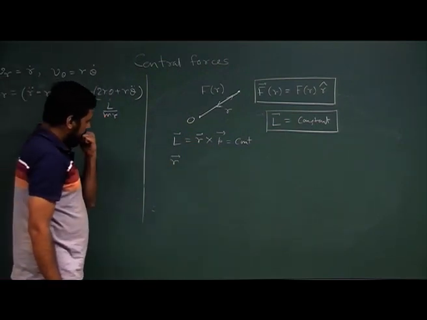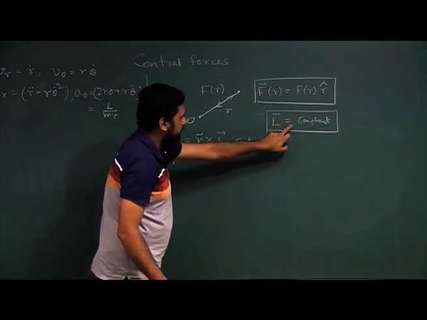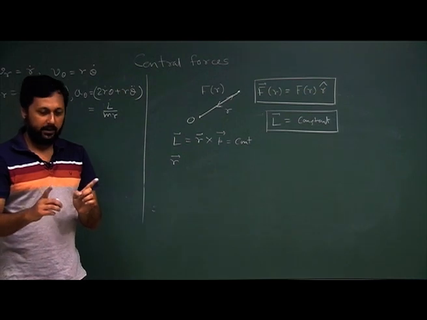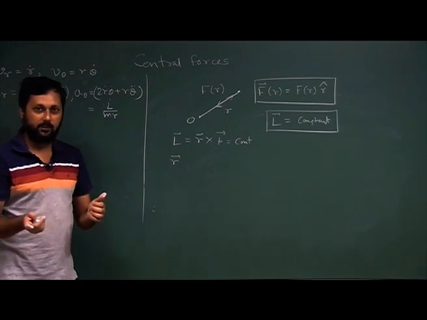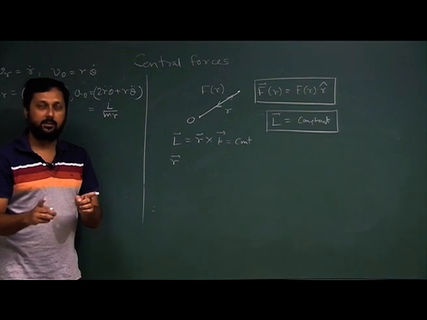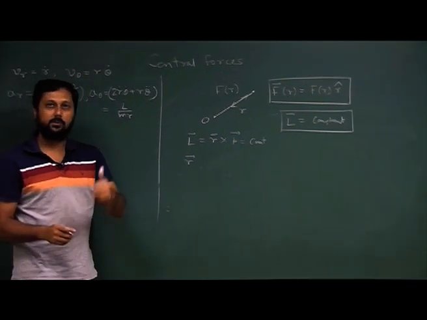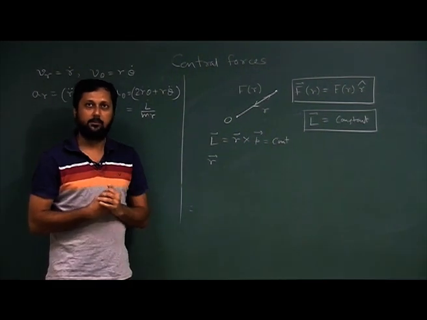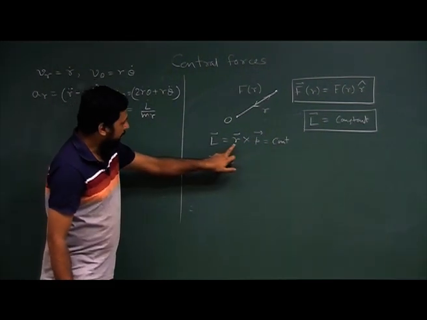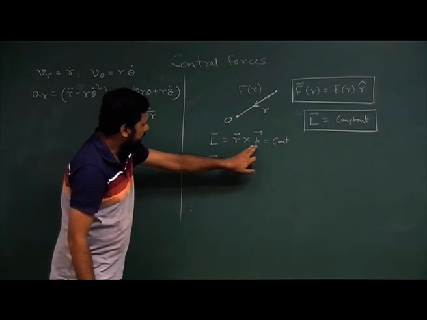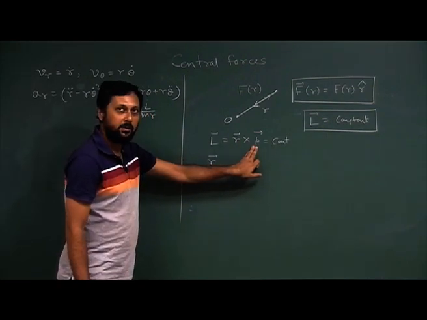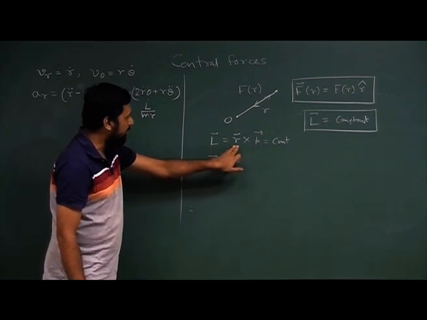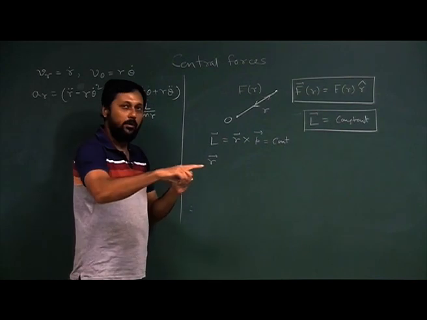Now, L being constant essentially means that it is not only the magnitude of the vector L, as I have discussed already in this class, but also the direction towards which it is pointing is a fixed direction in space. Now, if you examine this term, P is the linear momentum of this particle which is moving under the action of central force, and R is the radial vector which connects that to the origin.